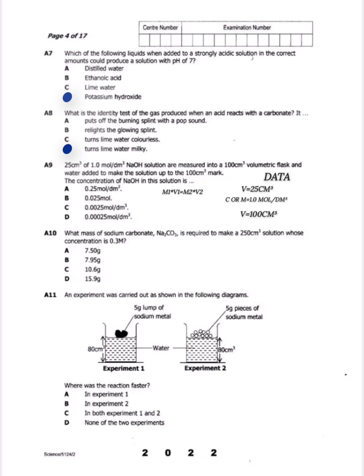Okay, multiplied by, now here as you can see, the volume is in centimeters cube. So there is a need to convert this one into decimeter cube. 1 decimeter cube is equal to 1000 centimeters cube. So let's convert 25 centimeters cube.